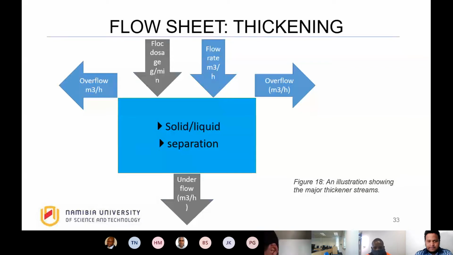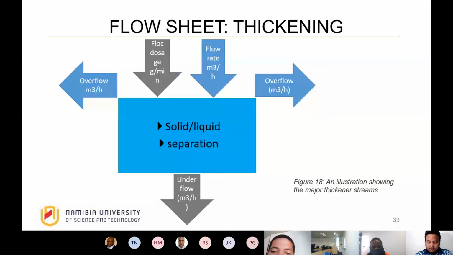And then we have our two streams that are leaving the thickener. One is termed the overflow. That is the water that we have recovered from the thickener. That should be clear of these fine materials or particles, so it will be clear water.